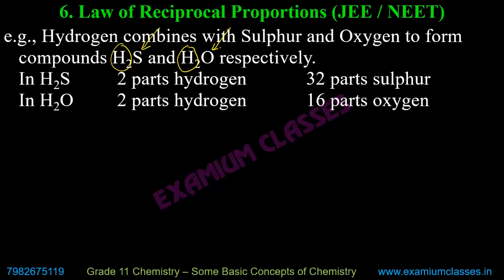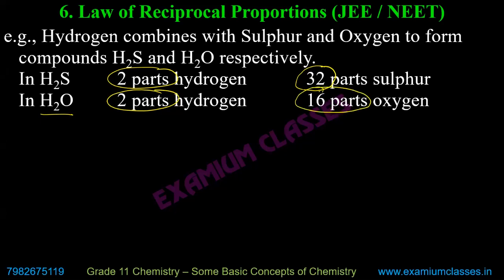Okay, so this says that in H2S, we have fixed hydrogen, two parts in both. In H2S, two parts combined with 32 parts of sulfur. Here we are talking about mass. Okay, parts means in terms of mass. And in H2O, two parts combined with 16 parts of oxygen.